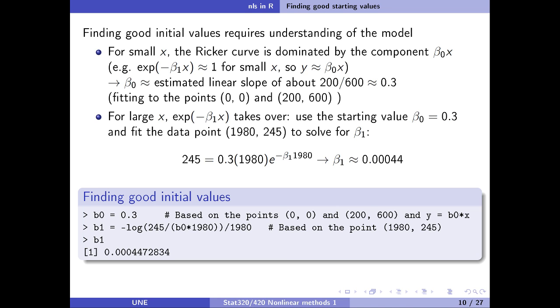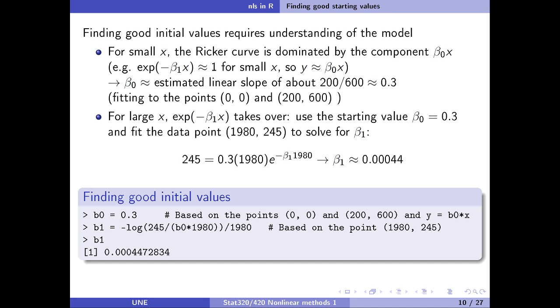And I just plug the 0.3 in, the 1980 in for x, and the 245 in for y, which leaves me beta 1 to solve for. So I have 245 equals 0.3 times 1980, e to the minus beta 1 times 1980. I do some math and I get an initial value for beta 1 of around 0.00044.